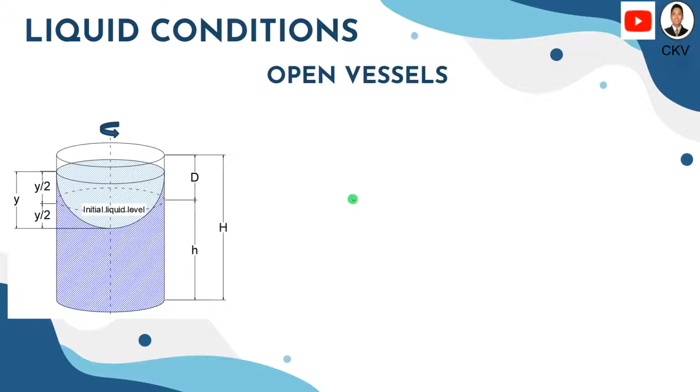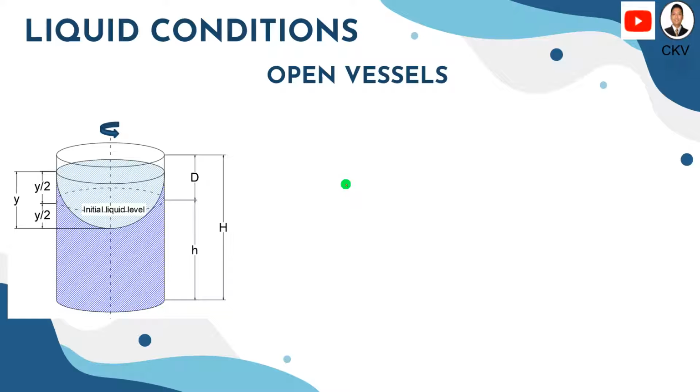So we have several cases that will happen on the liquid surface of the fluid depending on how fast the angular speed or angular velocity of the container is when it is rotated.